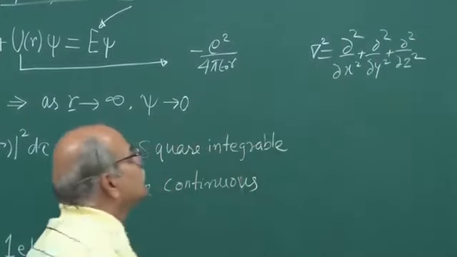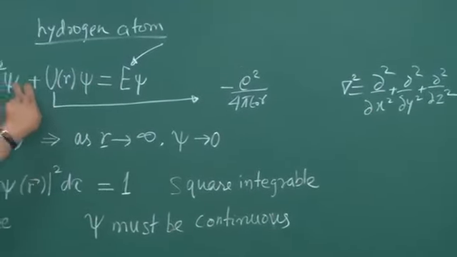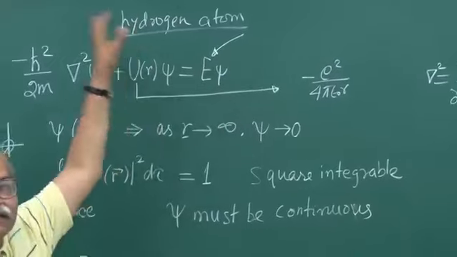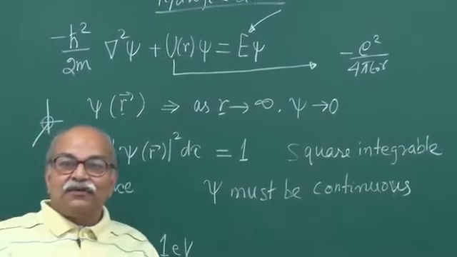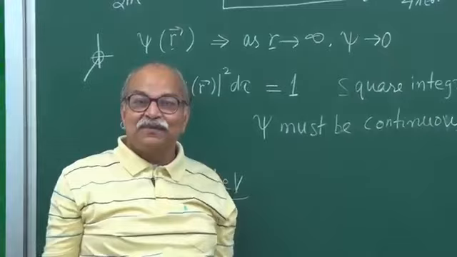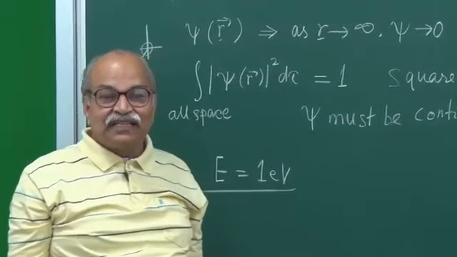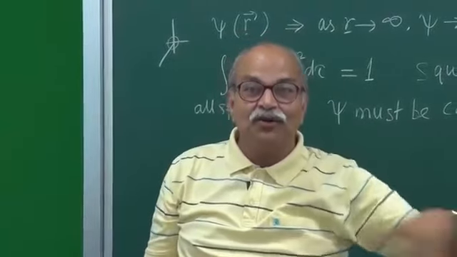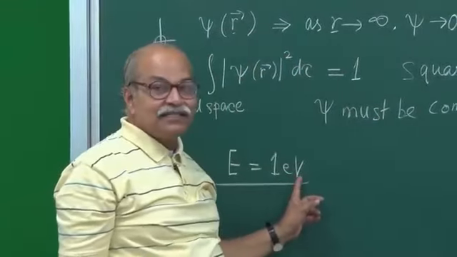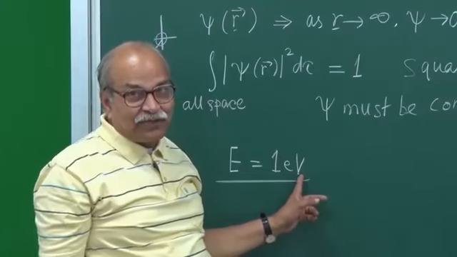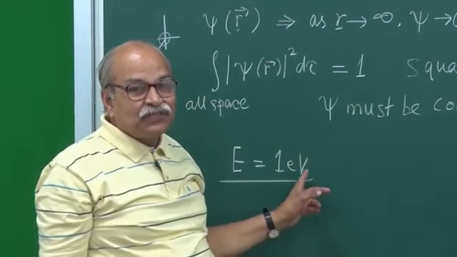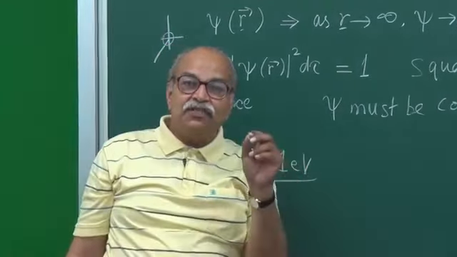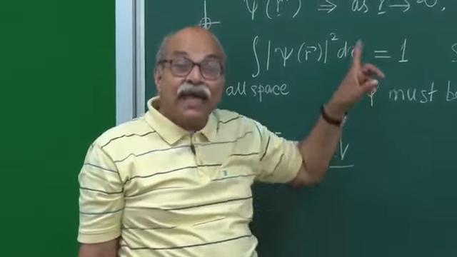So if I do all those operations on this psi, what functional forms of psi can I have? And the answer is that you cannot have any psi if this E is 1 electron volt or 2 electron volt or 1.5 electron volt. Only for some specific values of E can you find psi.